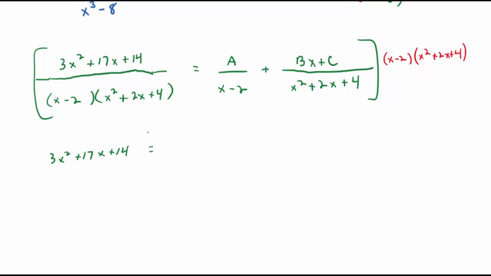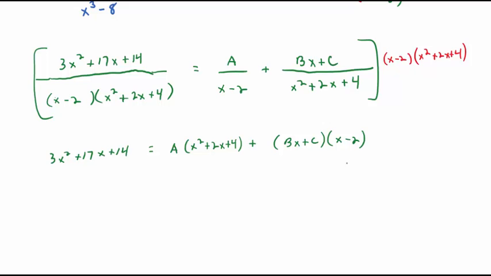What's going to be left after the cancellation on the right side? A times x squared plus 2x plus 4, plus the quantity bx plus c times just x minus 2.